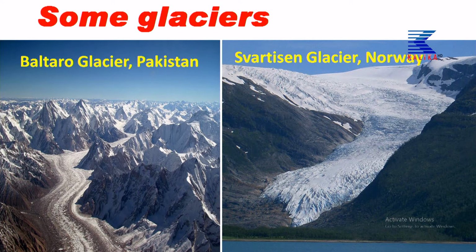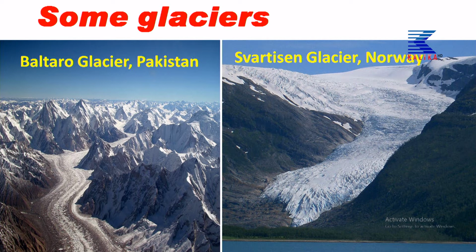There are some glaciers that are very popular around the world. The first picture at the left-hand side is Baltaro Glacier, from Pakistan. Likewise, Isvatisen Glacier, from Norway. It looks very massive.